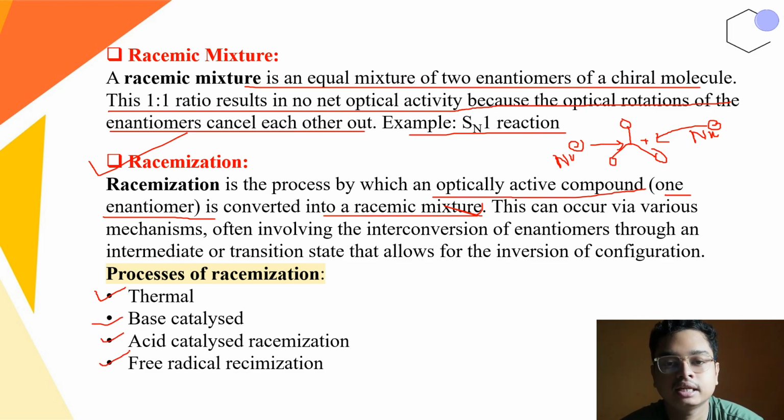Imagine in our first class we talked about the thalidomide disaster, and I put a statement there that R thalidomide was used as a drug. Now this R thalidomide can be converted to a racemic mixture, or S thalidomide, in our body, mainly by a thermal process or by bio enzymes.